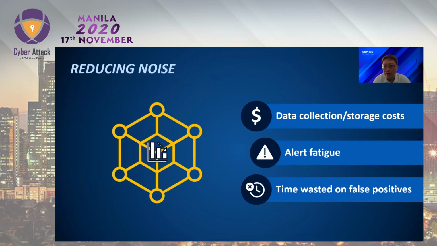When you have a large number of files being detected as suspicious, and when you look at them, they are all false positives, it will also give people alert fatigue. That means they will soon have that mentality: everything is just a false positive, so don't bother looking at it. So again, this will be a big challenge, right? How are we going to reduce noise within your environment?